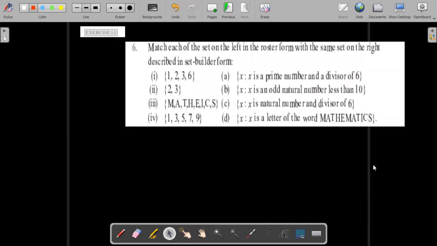So 1, 2, 3, 4. The elements of this set are natural numbers and divisors of 6, correct?